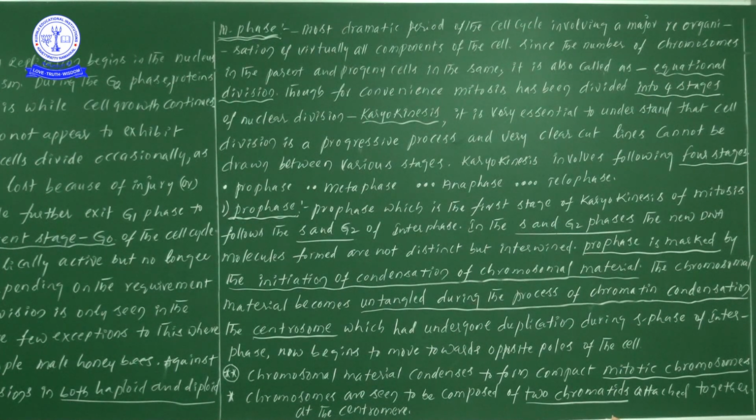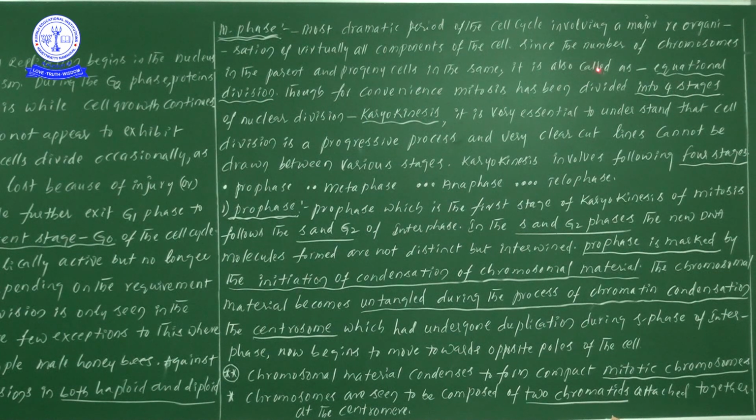Since the number of chromosomes in the parent and progeny cells is the same, even though this major reorganization of the components takes place in the cell, one point we have to remember is that the number of chromosomes in the progeny cells will be the same.